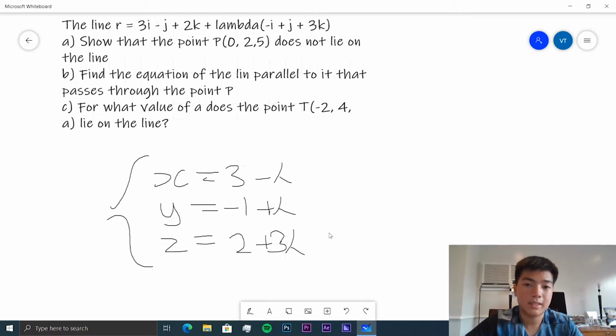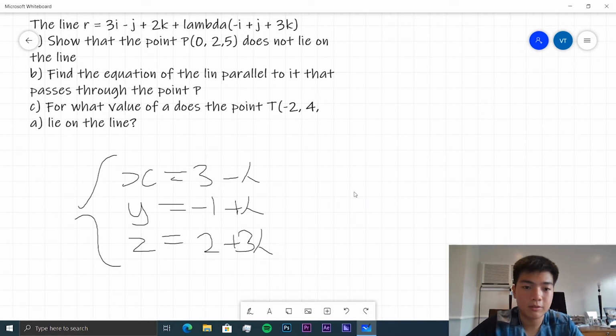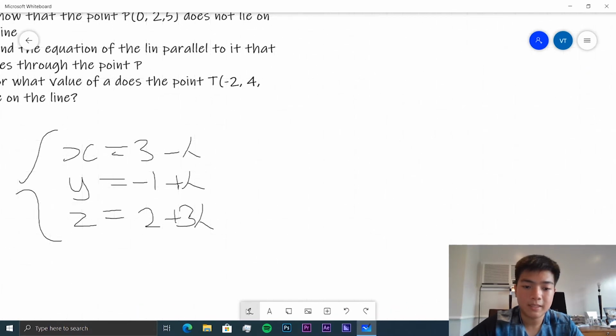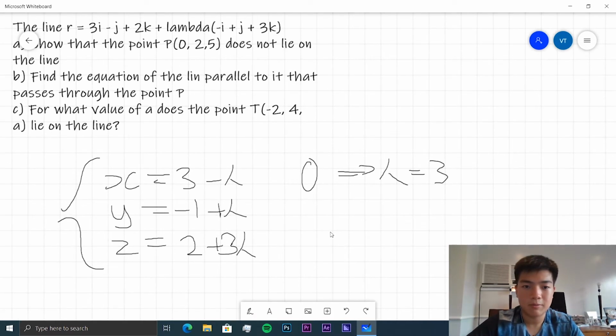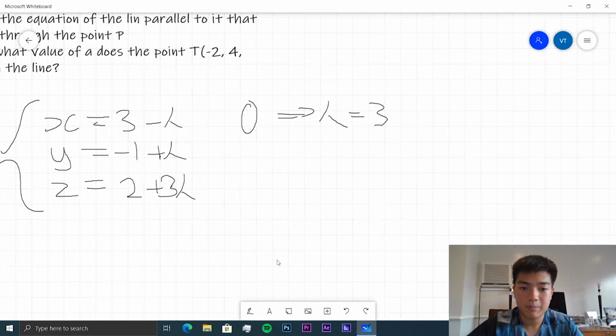So we can substitute these values in, (0, 2, 5). If x is 0, then lambda equals 3. And then we have y is equal to negative 1 plus lambda, so negative 1 plus 3 is equal to 2. So, okay, that point does lie on the line.